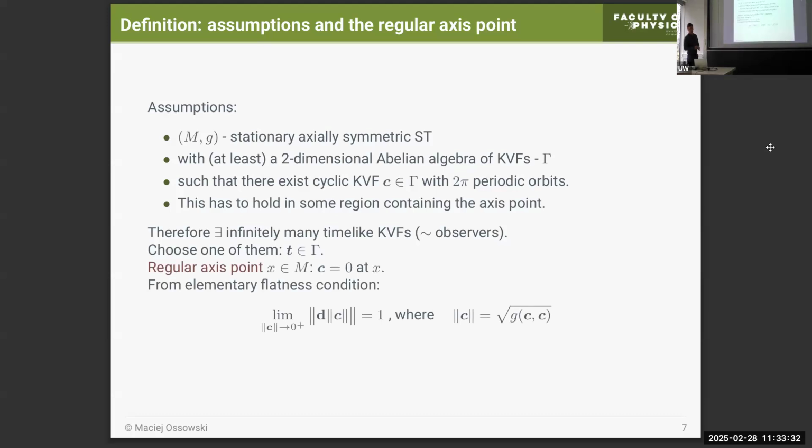So the regular axis point is, as I said, this basically restates everything that was already done. It is just a point of the manifold where this Killing vector field C, the cyclic Killing vector field, vanishes. And then from the elementary flatness condition, you could get this a little bit strange looking condition.